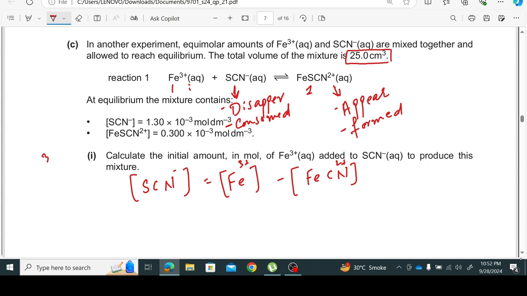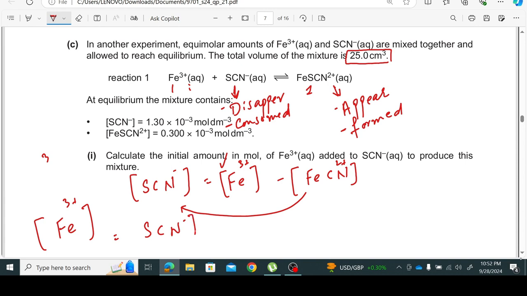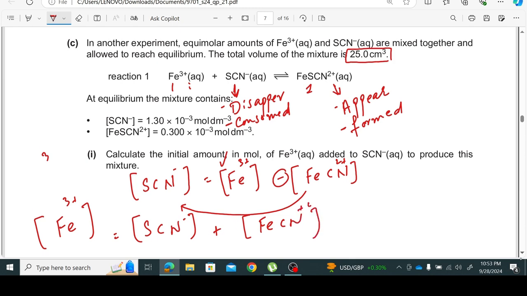So we need to find this Fe. If I bring this value to this side, it becomes positive. So the concentration of Fe3+ will become the concentration of SCN negative plus FeSCN2+. Now put in their values.